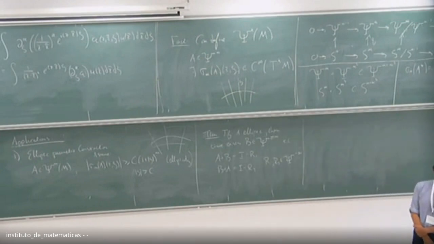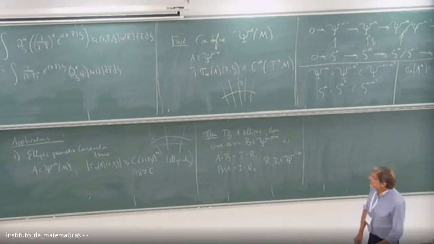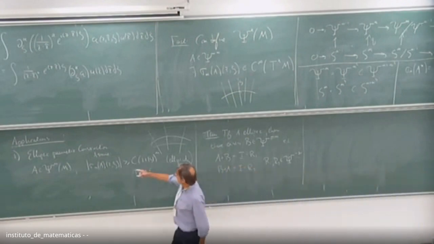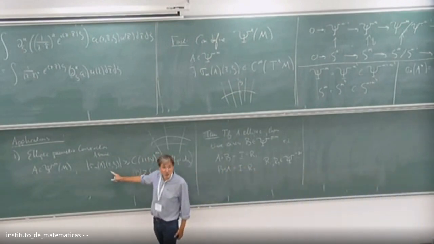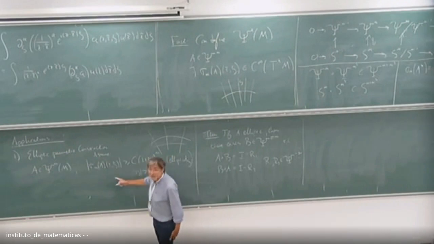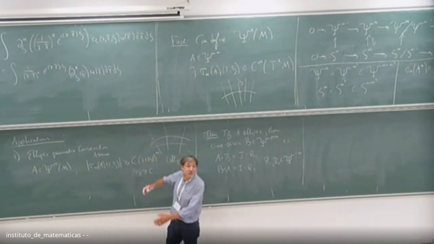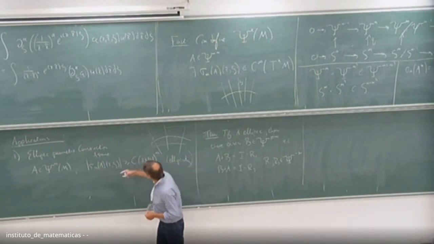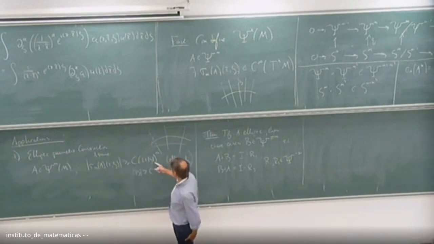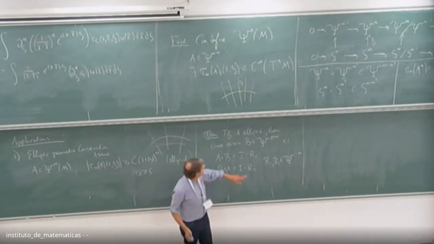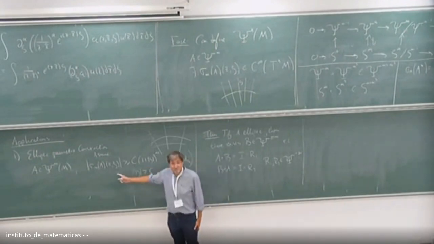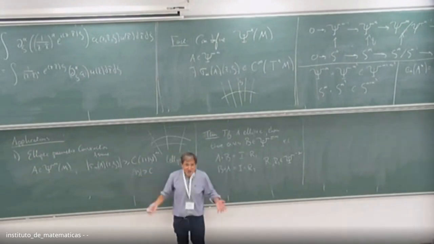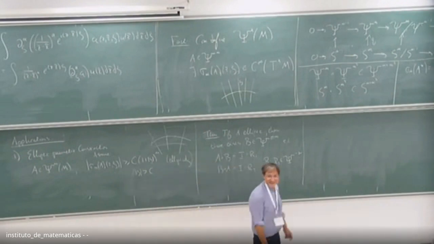I'll give you an indication of how to prove it, but the basic idea is the following. If A is elliptic, so I have this lower estimate, then 1 over this thing makes sense, at least when zeta is big. So this thing is invertible outside of a neighborhood of the zero section, and the symbol of B is supposed to be just 1 over this thing. That's morally the proof, then you have to do some more work.